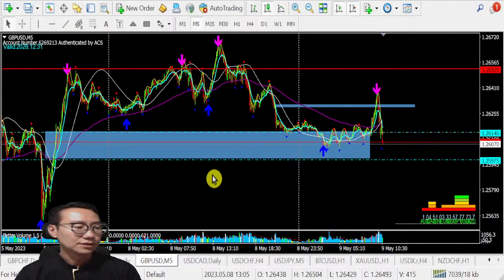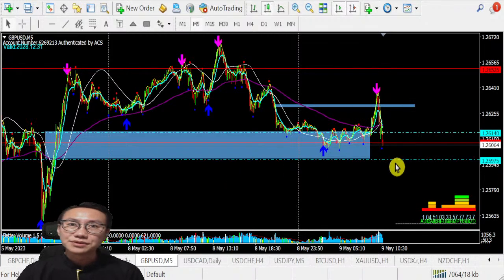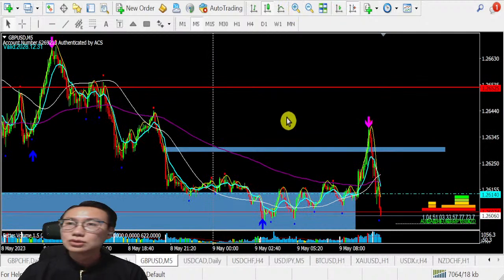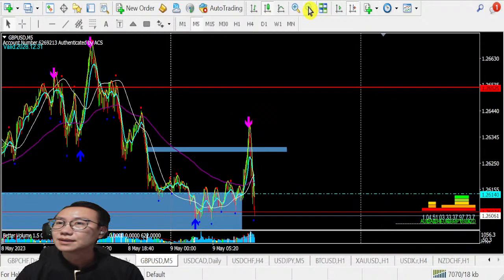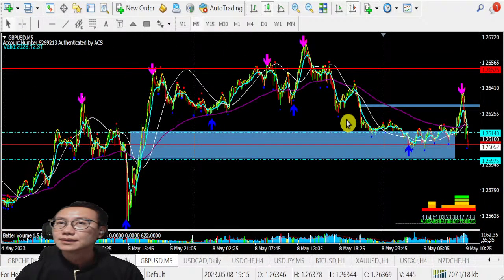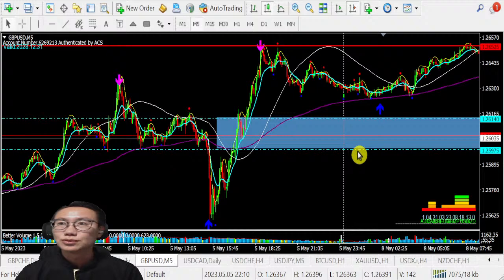I think after it clears this area, then probably we may want to... let me check. So probably we may be looking out into this area. We have a support here.